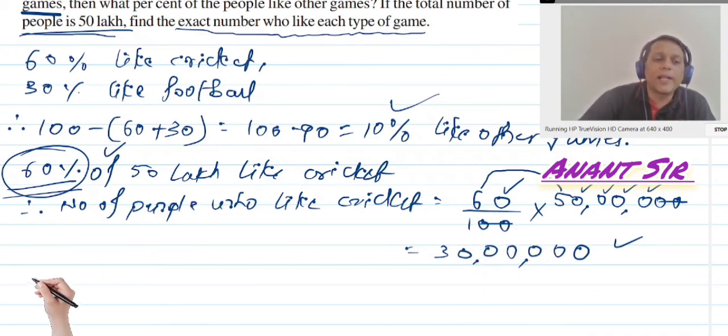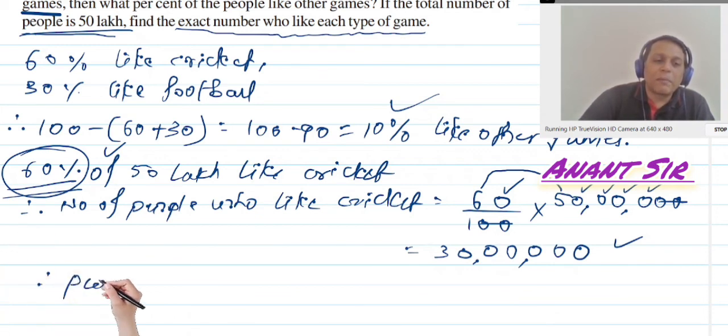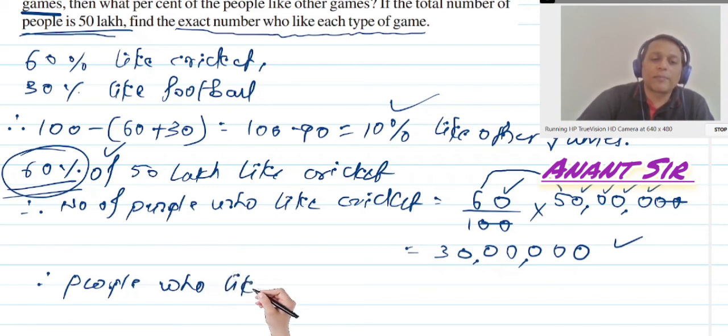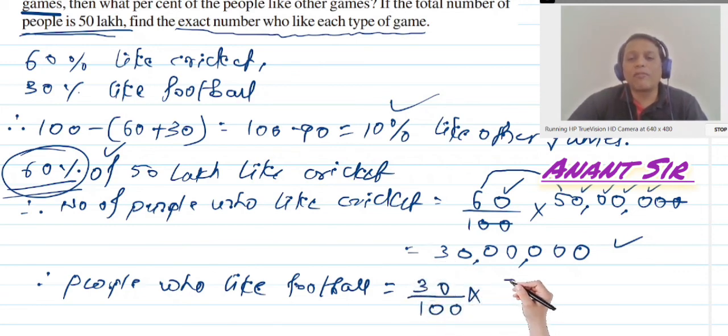So you can directly write. Therefore, people who like football, I'm going to do it step by step, okay. So 30% of 50 lakh people.